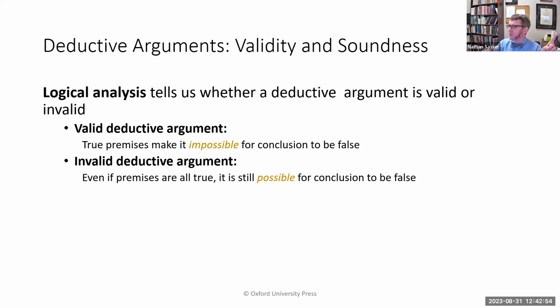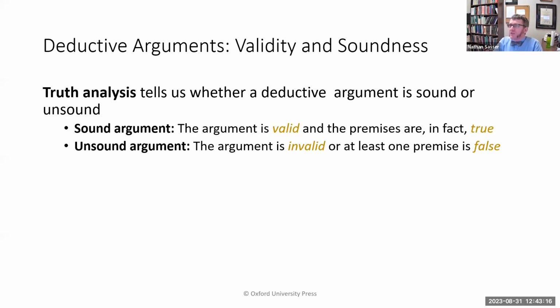If the premises are true, or if they were true, it would be impossible for the conclusion to turn out false. Now, in a valid argument, the premises might not actually be true, and yet it could still be a valid argument. So analyzing the logic of the argument is different from analyzing the truth of the claims.